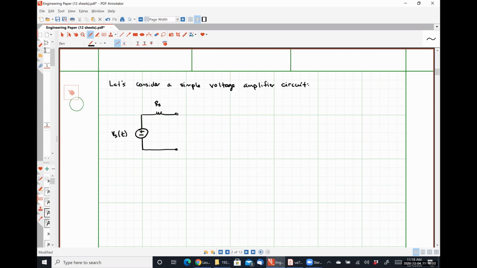That is in turn connected to my black box amplifier, which has some voltage gain AV.